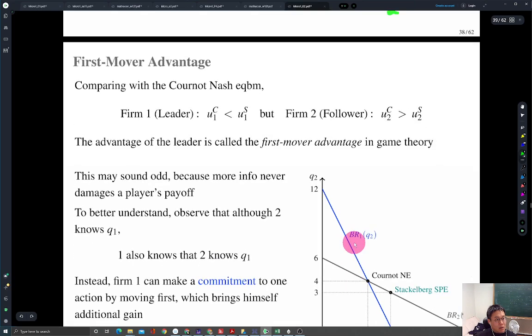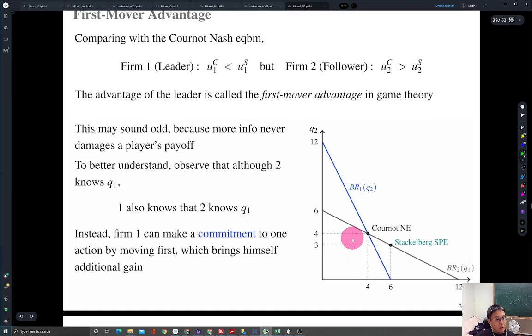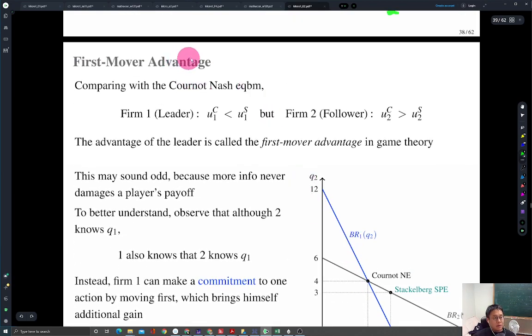So let me just mention one more thing. That is a first mover advantage. If we compare this Stackelberg result with Cournot-Nash equilibrium, in Cournot duopoly we assume that both firms simultaneously move by choosing quantities.